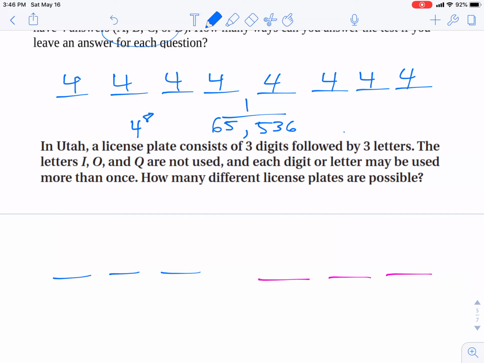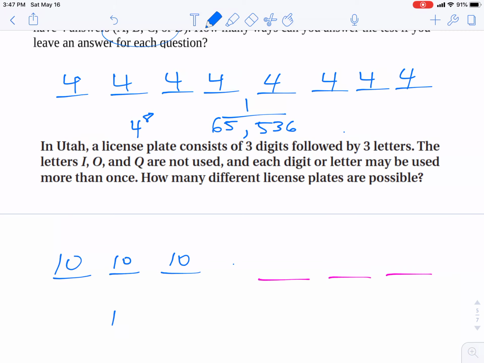Well, that helps out because if they said you can't reuse a number, let's say you had 10 options for the first number, you select a 3, we can no longer use 3, that would give us 9 options, then 8 options. But it's saying can be used more than once, so we're going to do 10 times 10 times 10, which is going to give us 1,000.